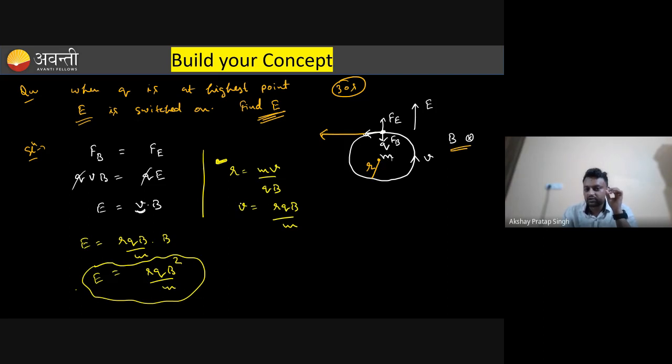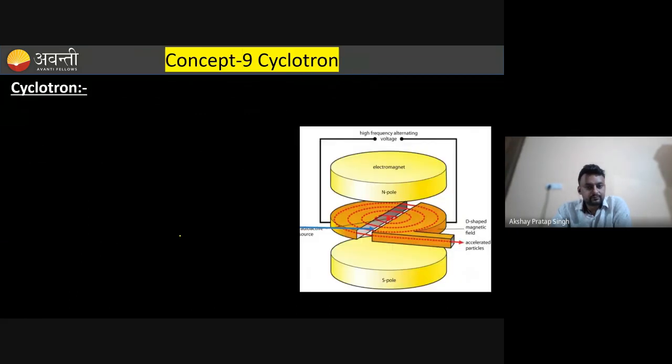I solved it for velocity. Now I have put the velocity in this equation. Let's suppose this is equation number 1. I have put the velocity and I got the answer. This is what I did here. Clear? Moving further.